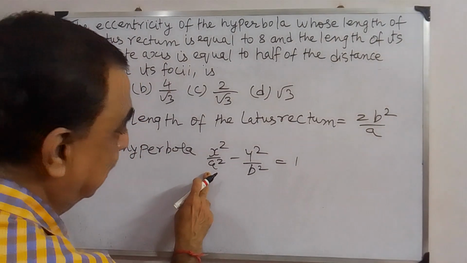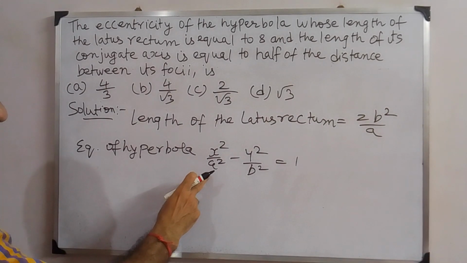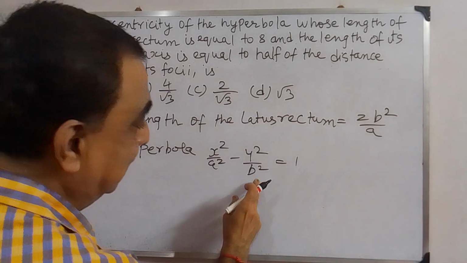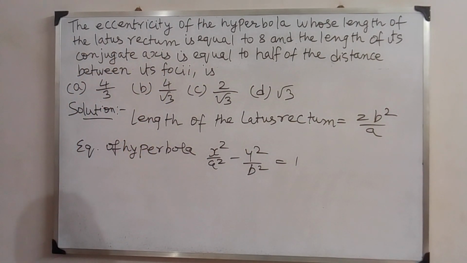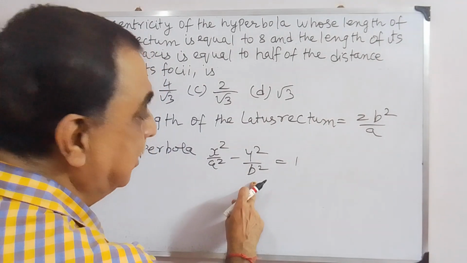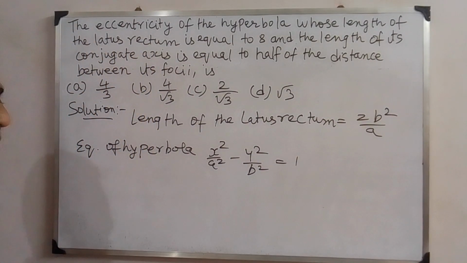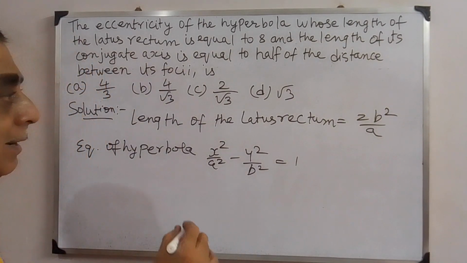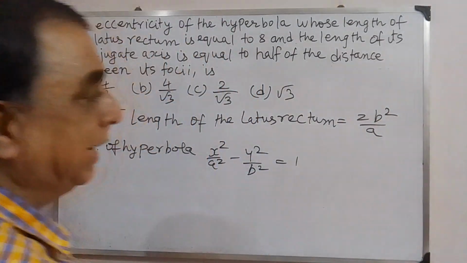Here 2a is the length of the transverse axis and 2b is the length of the conjugate axis. And the latus rectum length is 2b squared by a.